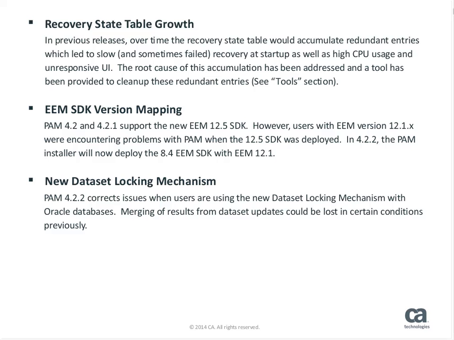And then, in I believe it was 4.2, we introduced a new data set locking mechanism that was optimized for situations where I have one source that might be updating or modifying a data set, but I have several other processes that are out there reading from this data set.